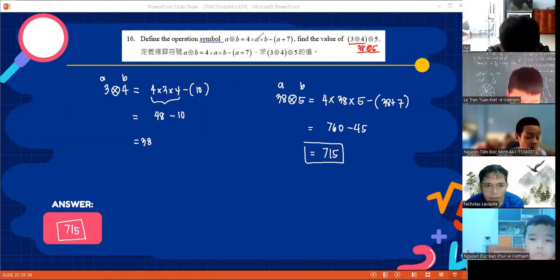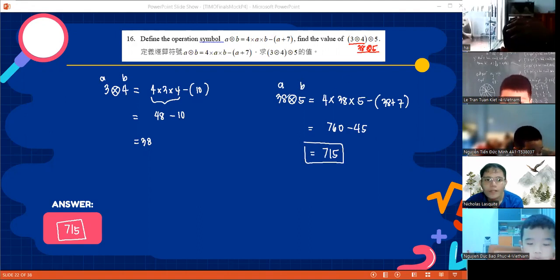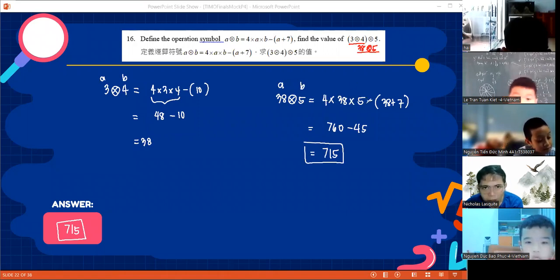So this is now the value for A, value for B, and value for A. So if you get the value now here, this is the value in the parentheses. So this is your 38 operation 5. So 38 operation 5, this is A and B, right? So your 4 times A times B would be 4 times 38 times 5 minus A plus 7, which is 38 plus 7, so which is 45.